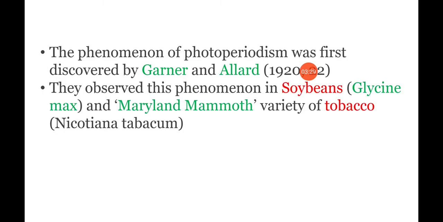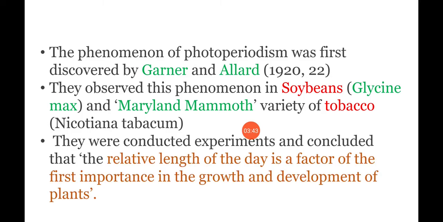The photoperiodism phenomenon was observed in soybean and Maryland Mammoth, which is a variety of tobacco. They conducted different experiments on these plants and concluded that the relative length of the daylight is the main factor which influences the growth and development of plants.